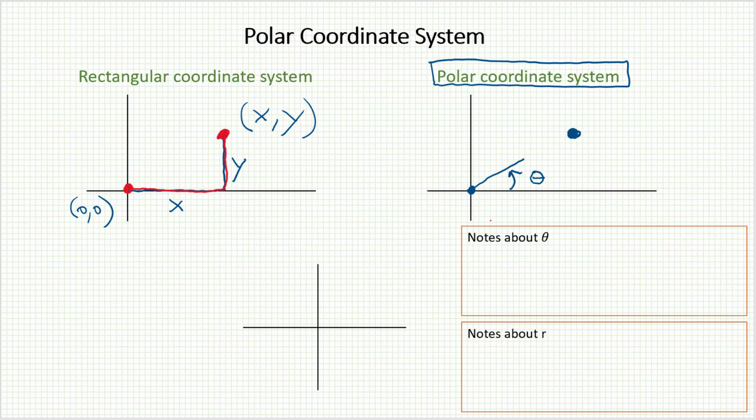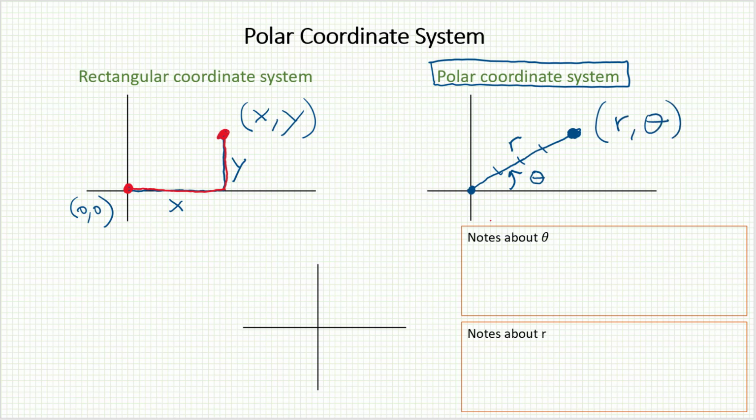I'll call that angle theta. And then walk directly toward it a certain number of steps until you arrive. We'll say it's r steps. Well, the name for this point in the polar coordinate system is r comma theta.